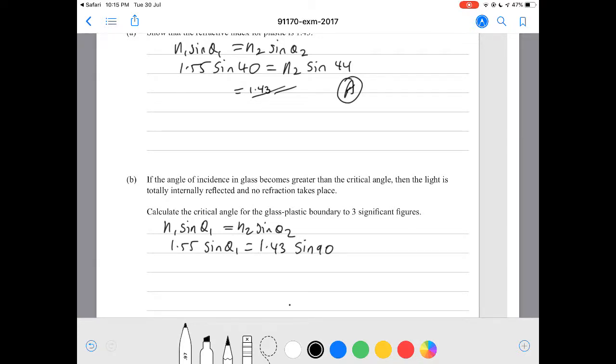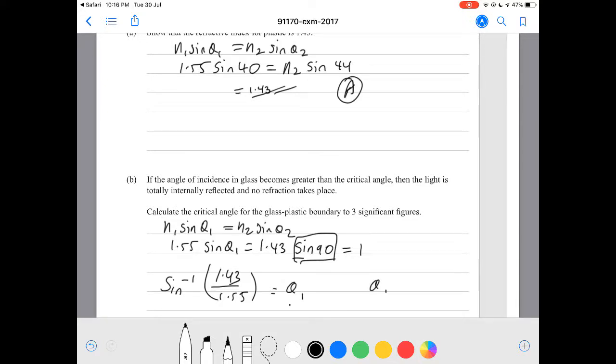It's sine 90 because it's a critical angle, so the refraction is 90 degrees, perpendicular to the normal. Alright, so now just calculator work here. If we simplify this, sine 90 equals 1. So therefore, all you're doing is 1.43 divided by 1.55 and sine inverse of that. That should give you your theta 1.